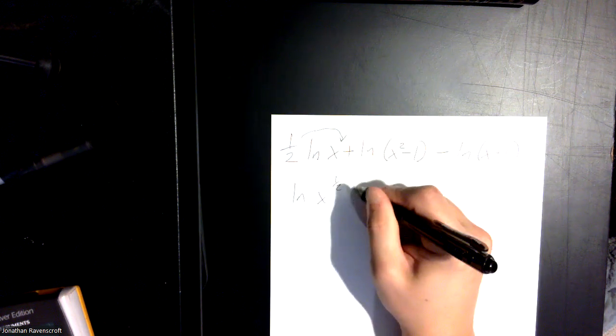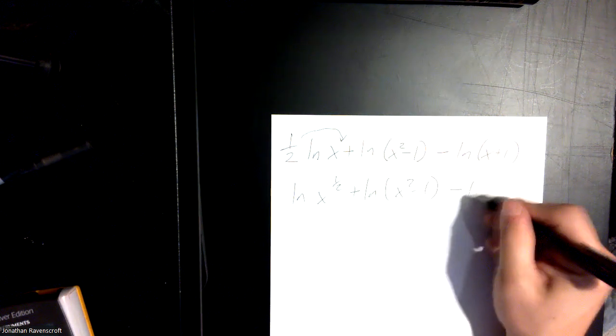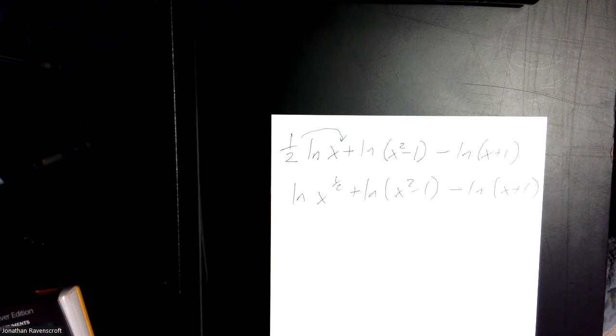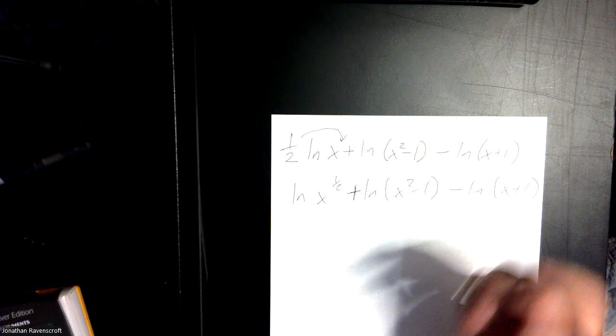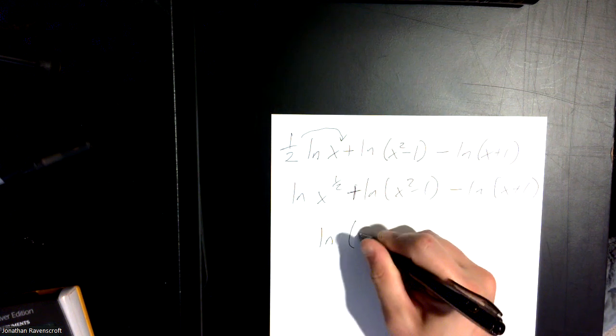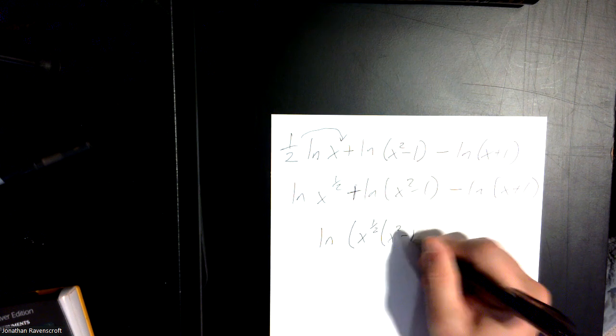Natural log of x to the 1/2 plus natural log of x squared minus 1 minus natural log of x plus 1. Now that that's tucked away, this is addition, turn it into multiplication. Natural log of x to the 1/2 times x squared minus 1.